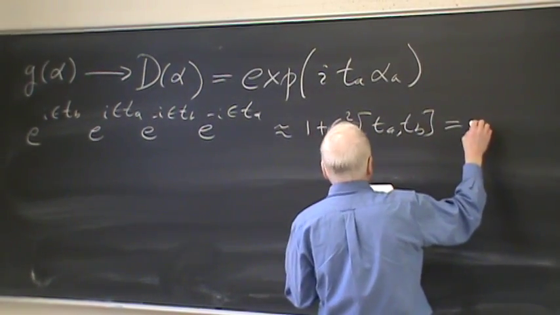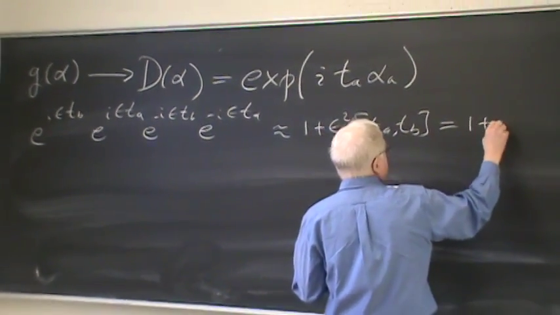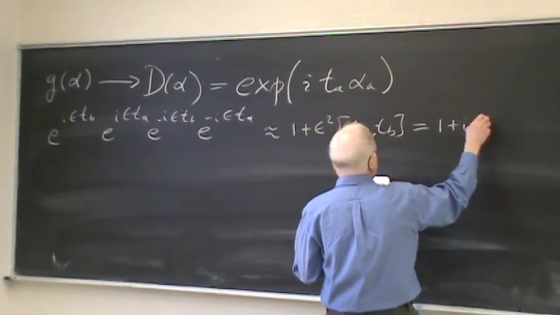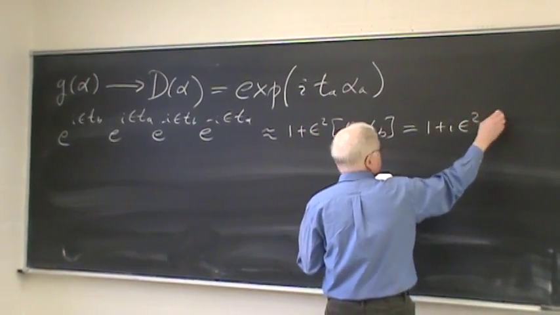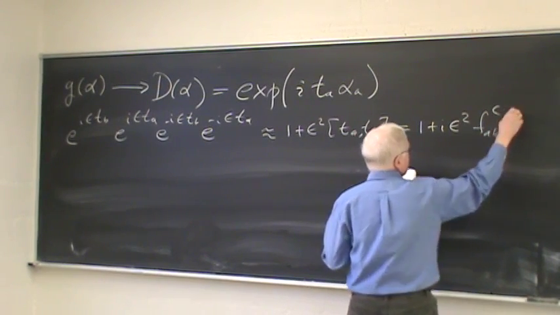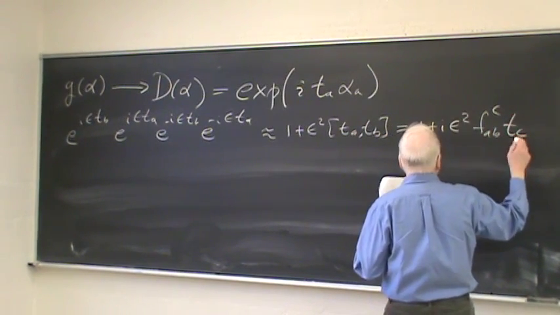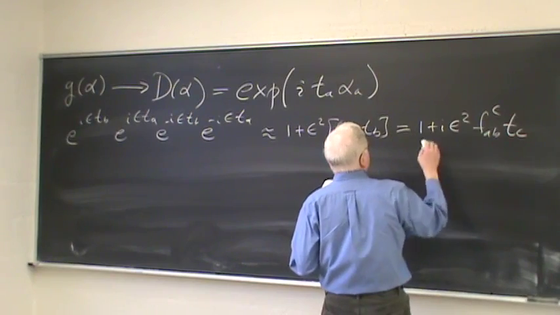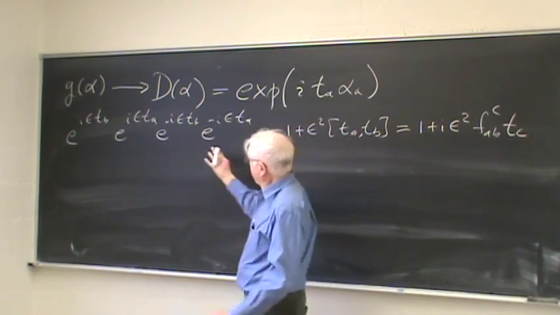And so this has to be 1 plus i epsilon squared, some constants, f_{AB}^C, T_C.